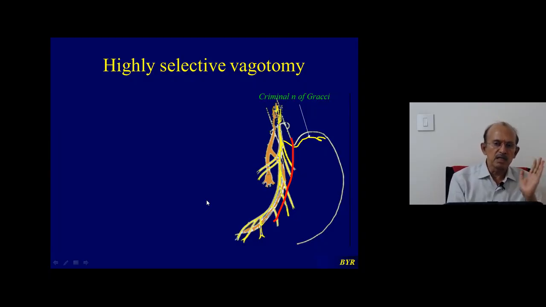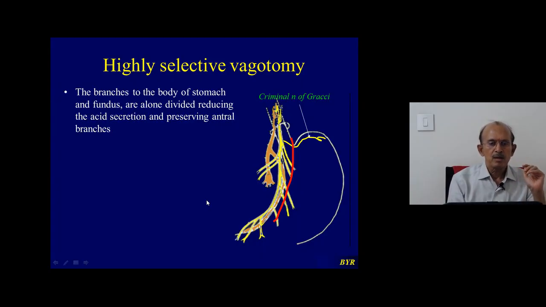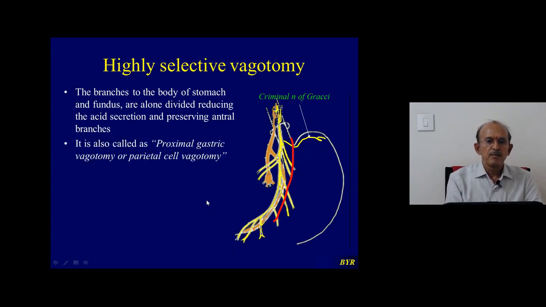That means only the proximal part of the stomach innervation is being denervated. So the branches to the body of the stomach and fundus alone are divided, reducing the acid secretion and preserving the antral branches. It is also called proximal gastric vagotomy or parietal cell vagotomy.